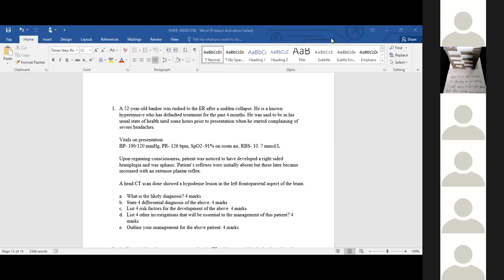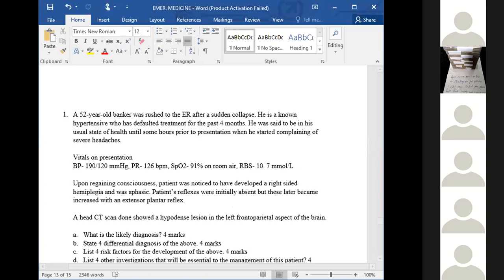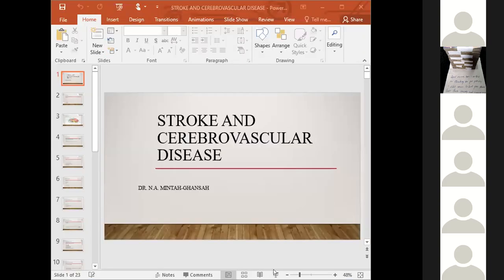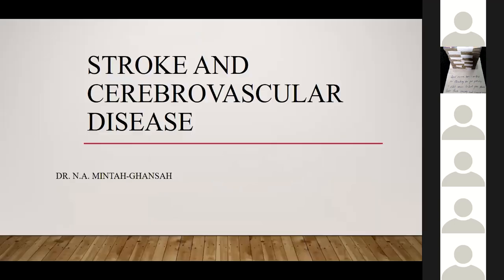It might pop up somewhere else, you never know. All right, so CVA and strokes.